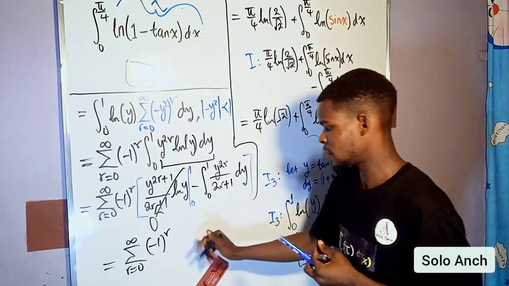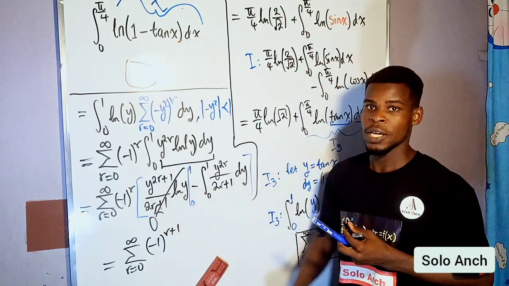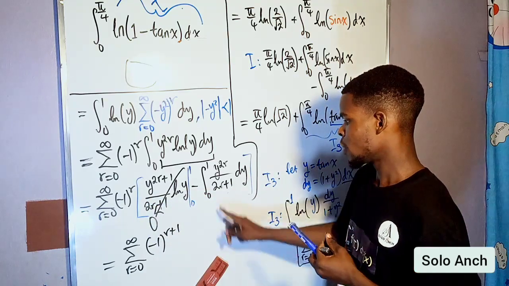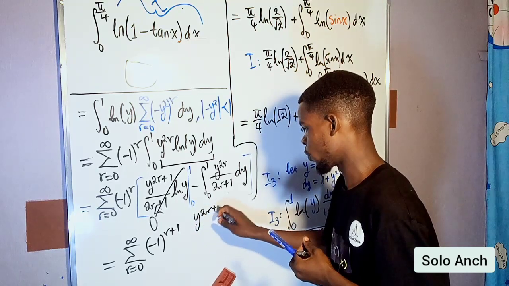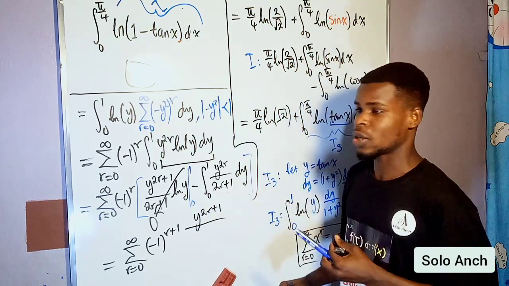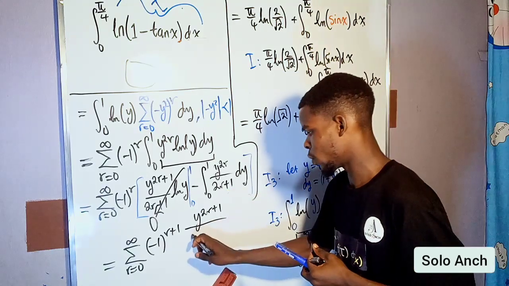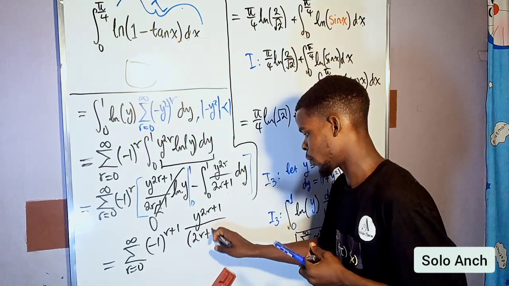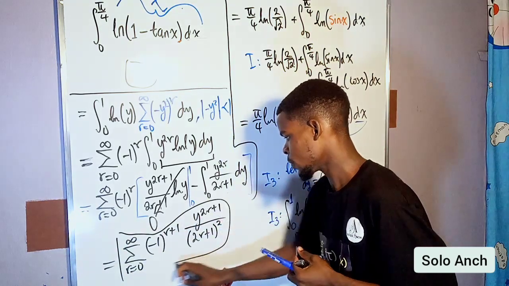But this has a negative sign, so maybe let's build up the power of that negative 1, because this negative 1 will join with that, right? Good. So then when we integrate this, we'll have y raised to the power of 2r plus 1. That is by adding 1 to the power, then dividing by the new power, which is 2r plus 1. But there is a 2r plus 1 here. That will become 2r plus 1 squared. And this right here is very nice.